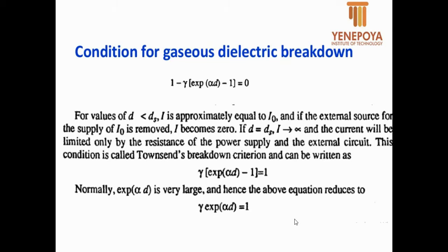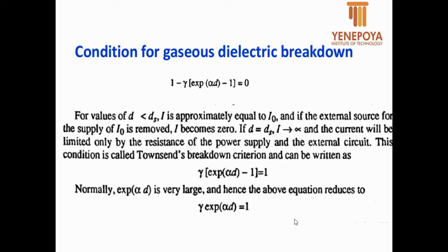So 1 minus gamma into exponential alpha D minus 1, the denominator, equals 0. For values of D less than ds, I is approximately equal to I naught. If the external source of supply I naught is removed, I becomes 0.